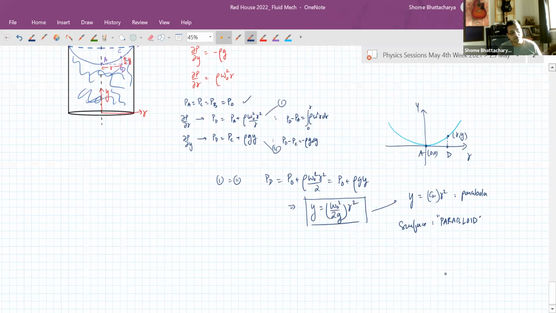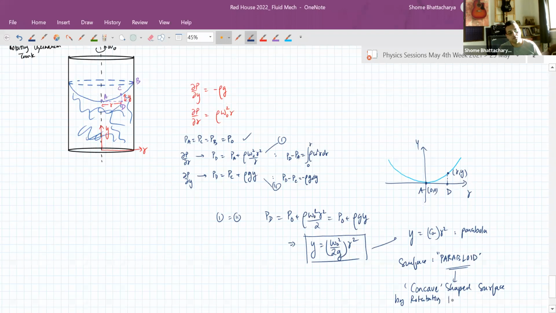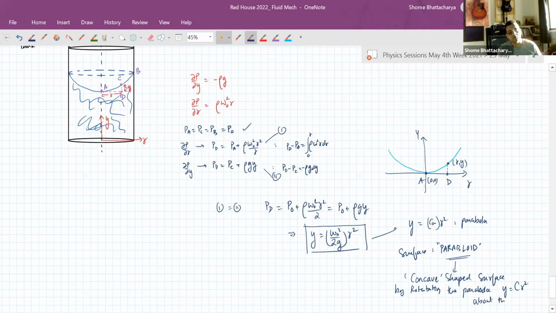So this tells us that the surface is a paraboloid, a concave shape surface obtained by rotating the parabola y is equal to some constant into r square about the y-axis. So that is the shape of the surface.